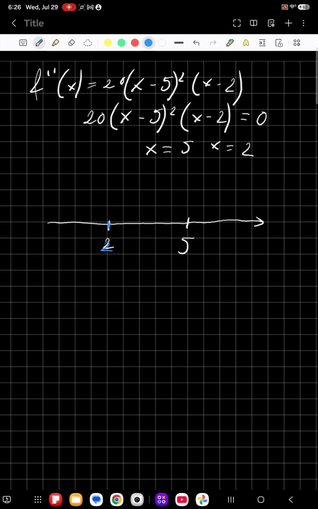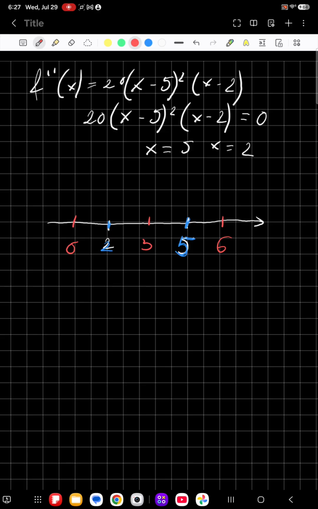And then the testing numbers were red. Alright, so we'll pick maybe here on this side 0, or maybe 1, maybe 0 is easier. And here 3, and 6 here.